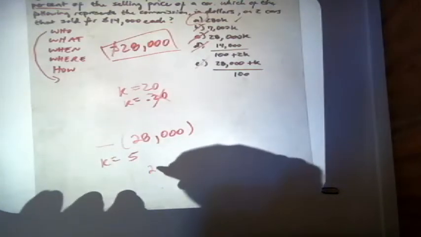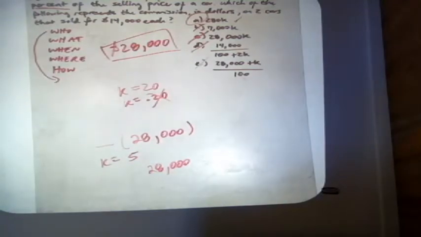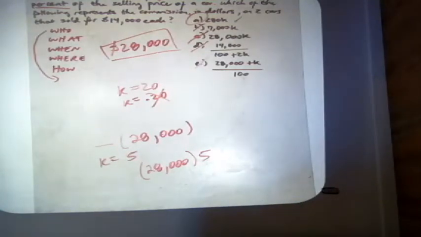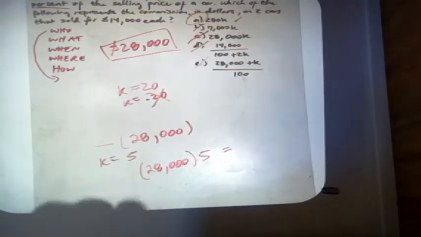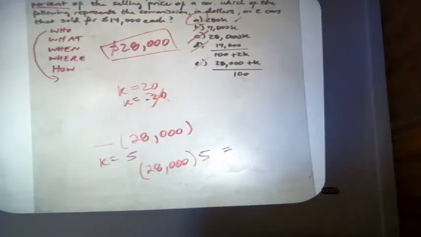Well, we take 28,000, which is how much the car's sold for, times the commission, and then here's the part that's important. What do we have to do now to find the commission? Because we can't just multiply 28,000 by 5. That'll give us a huge number. That's kind of what we were talking about in these answer choices up here, B and C.